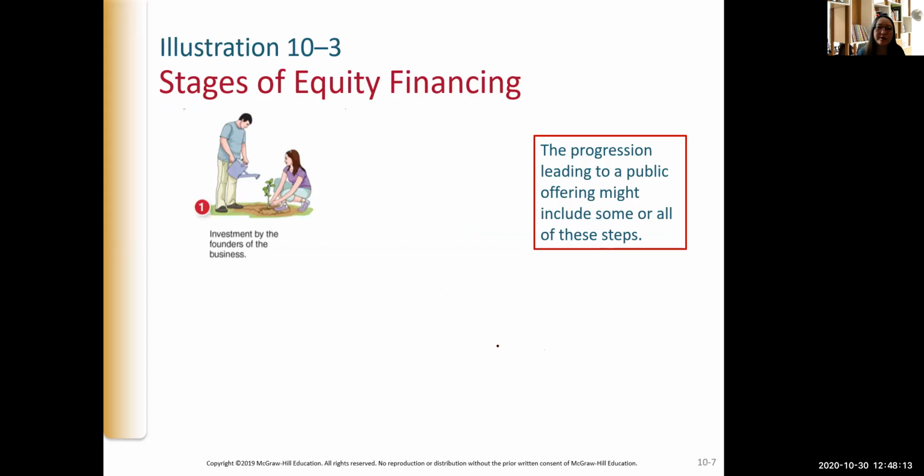So if we use a graph to illustrate the stages of a company's growth, the progression leading to a public offering might include some of these steps. First of all, you have to believe in your own corporation, such as investment by the founder of the business, so usually it's yourself, and then you persuade your friends and their families to join you. So you have to figure out the idea and believe in that idea, and then you have to water that idea.